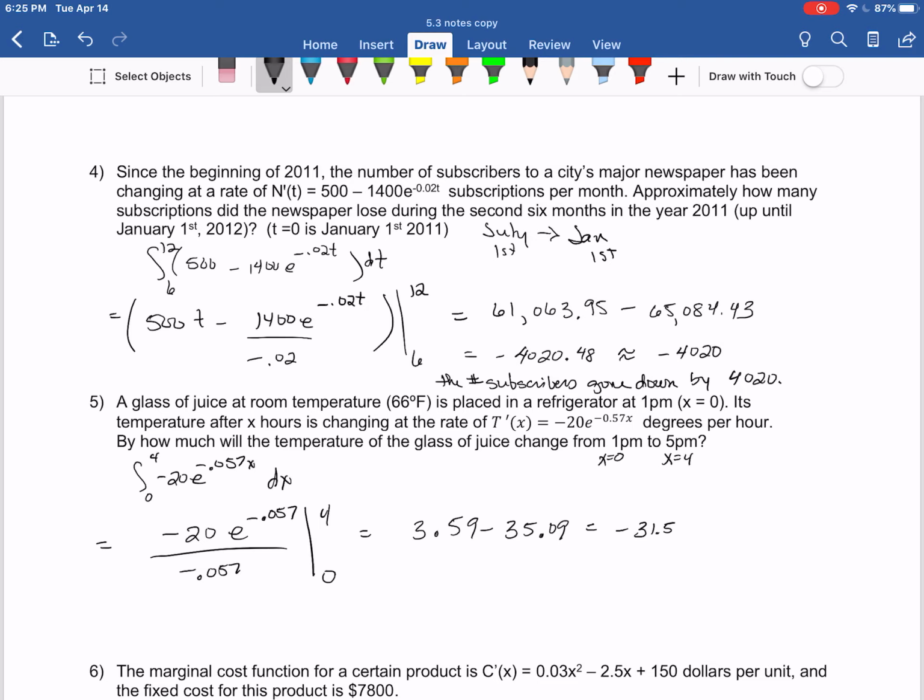So the glass of juice has gone down by 31.5 degrees. The temperature of the juice has dropped by 31.5 degrees Fahrenheit over that time span.